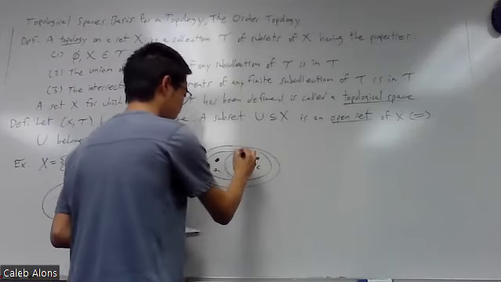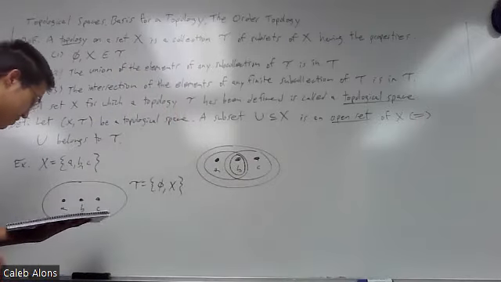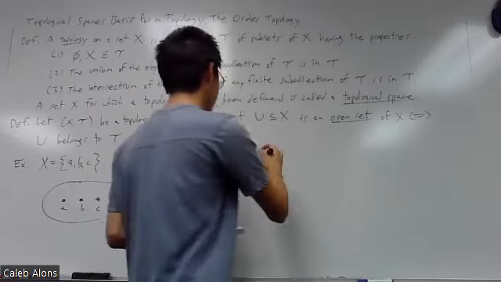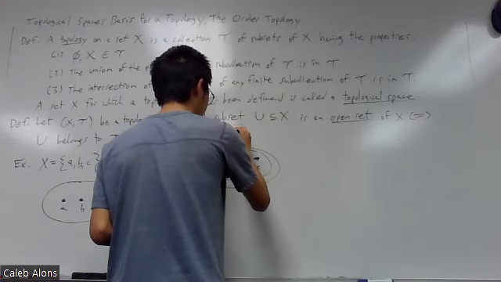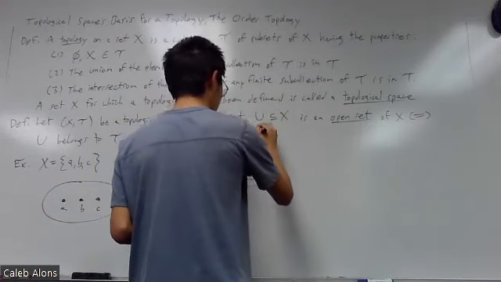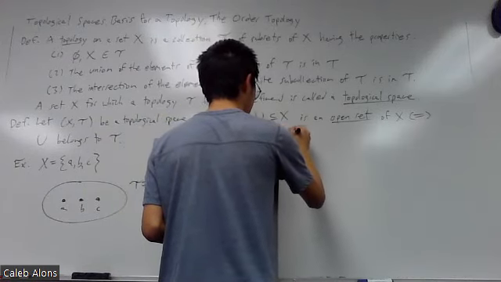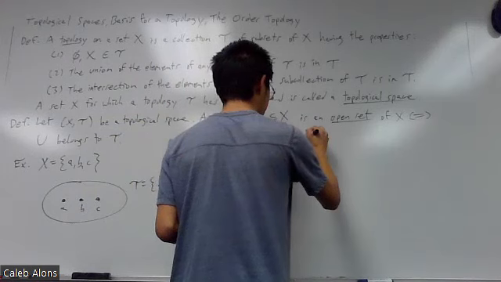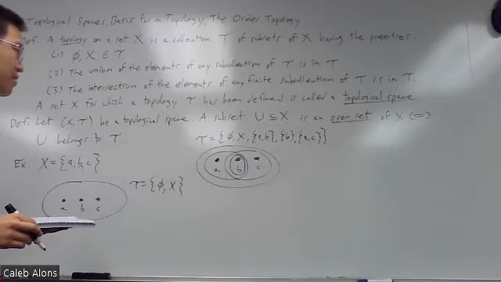So AB with BC gives the subset with just the element B, which needs to be in there in order to make this a topology, otherwise it's not. So this would be the topology T, where we take the empty set with X, and then we also have AB, B, and BC.